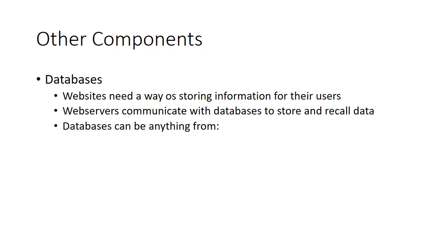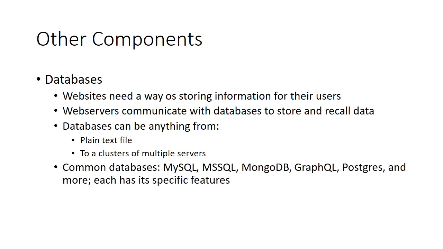Databases can range from just a simple plain text file up to complex clusters of multiple servers providing speed and resiliency. In general, what we come across all over the web is these types of databases: MySQL, MS SQL, MongoDB, GraphQL, Postgres, and many more. Each has its specific features.